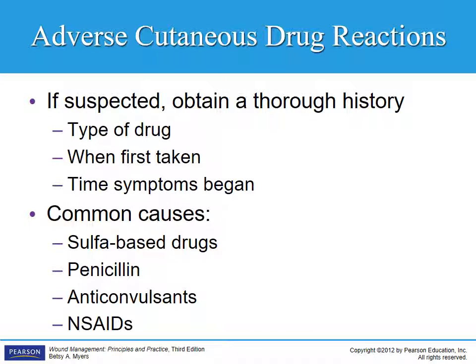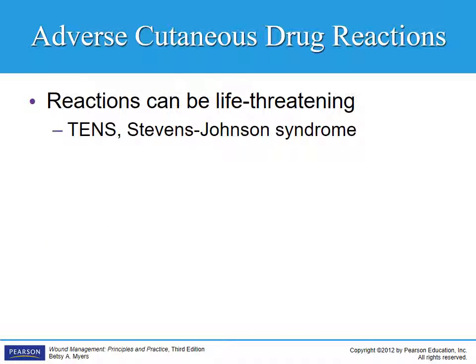So if this is suspected, you need to obtain a thorough history. What were they taking? When did they first take it? When did the symptoms begin? Common causes are sulfa-based drugs, penicillin, anticonvulsants, and NSAIDs. And reactions can be life-threatening.